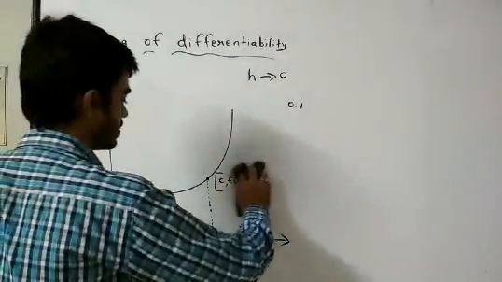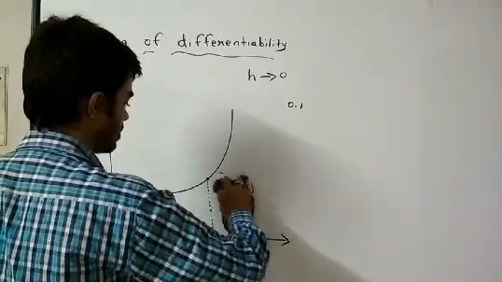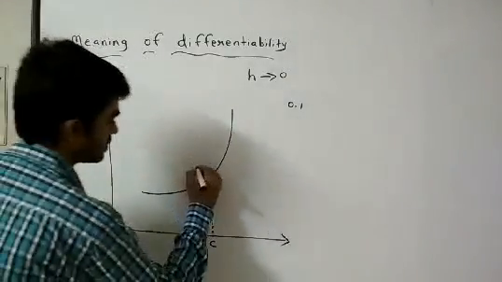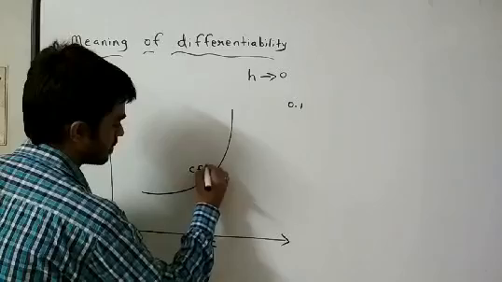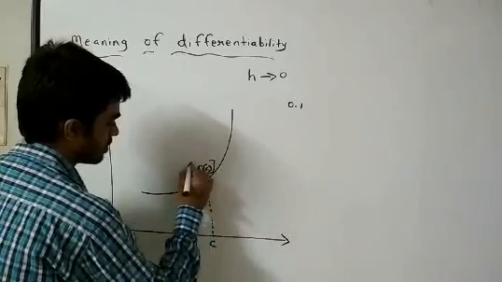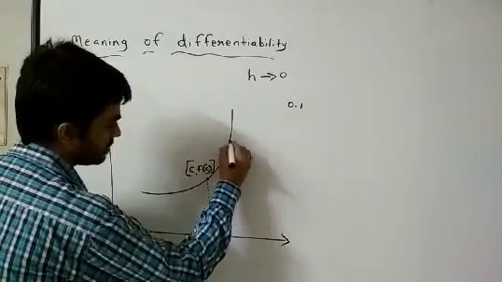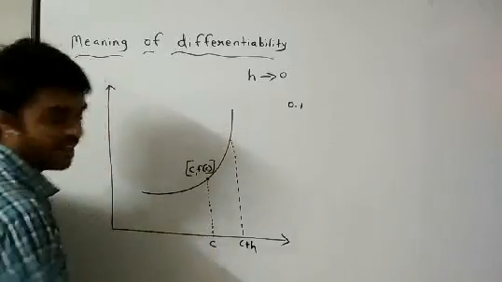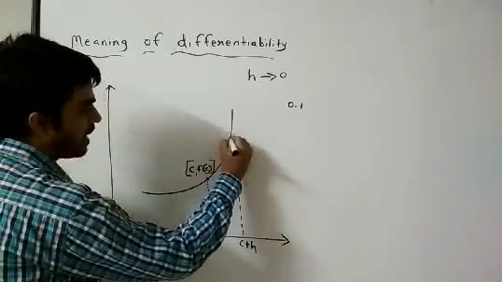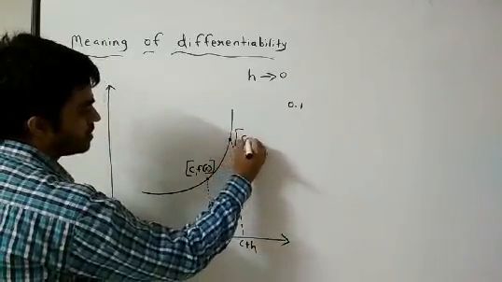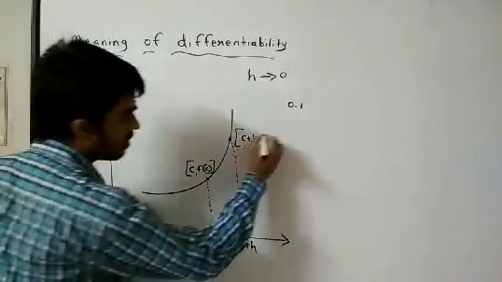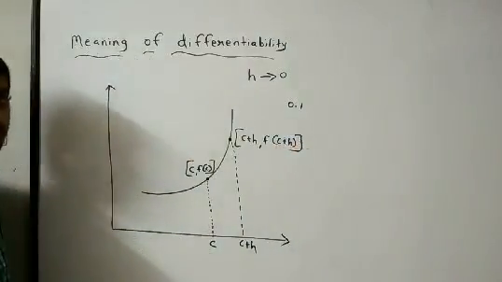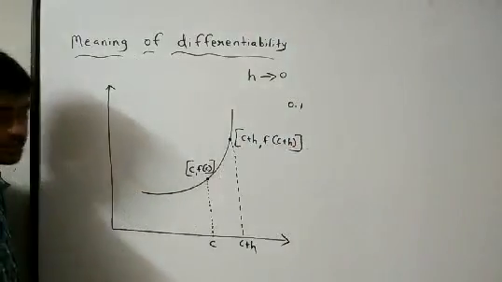Let me write this. If this is c plus h, then its coordinates will be c plus h and f of c plus h. Let us take one more quantity, c minus h.